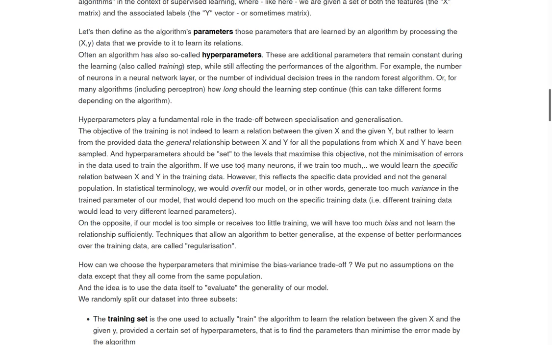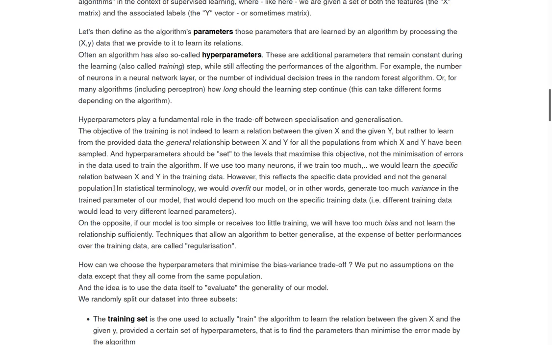So for neural networks, if you use too many neurons, or in general, if you train too much, we would learn the specific relation between x and y in the training data. However, this reflects the specific data that we provided and not the general population.